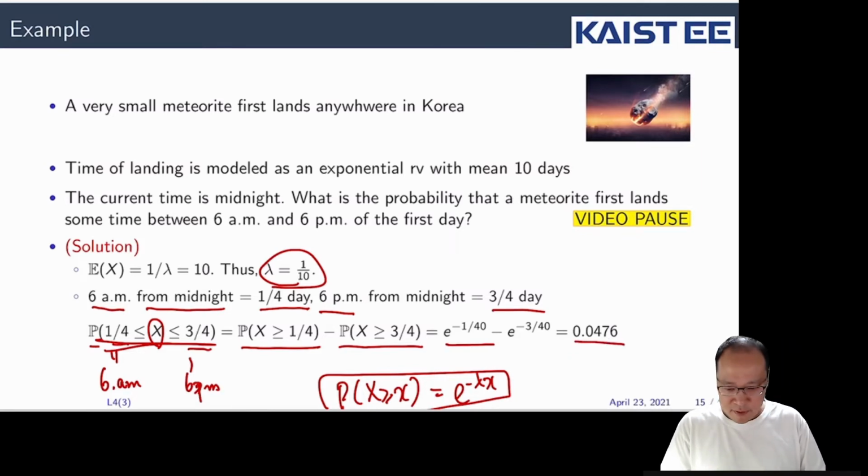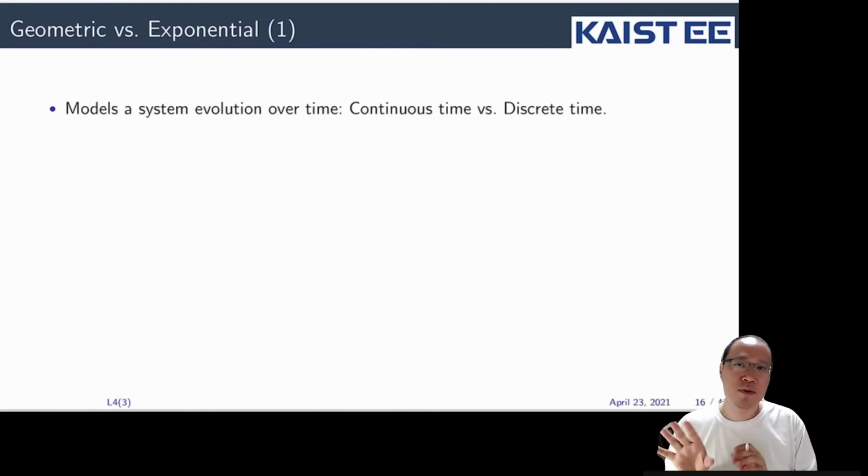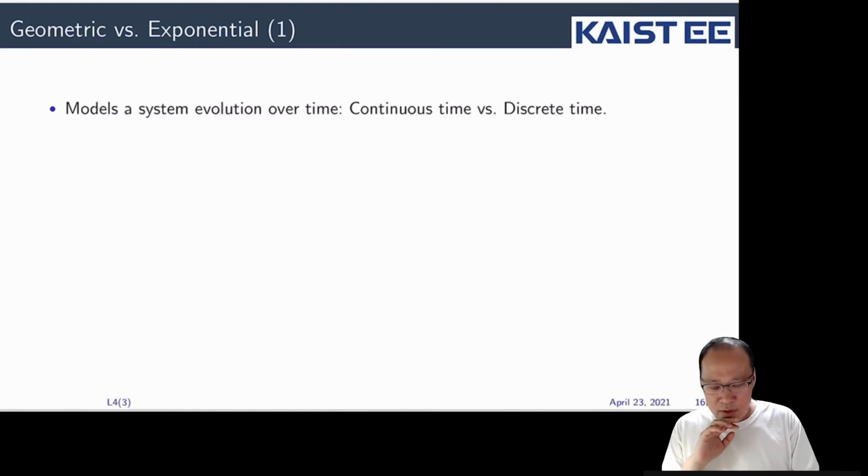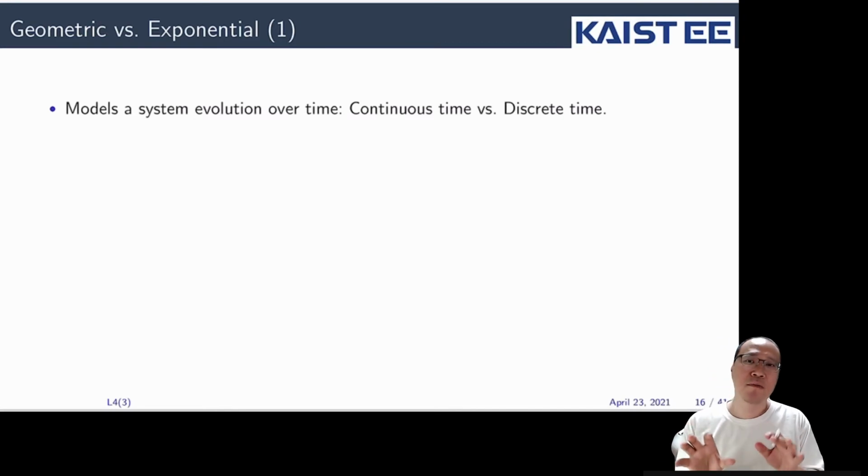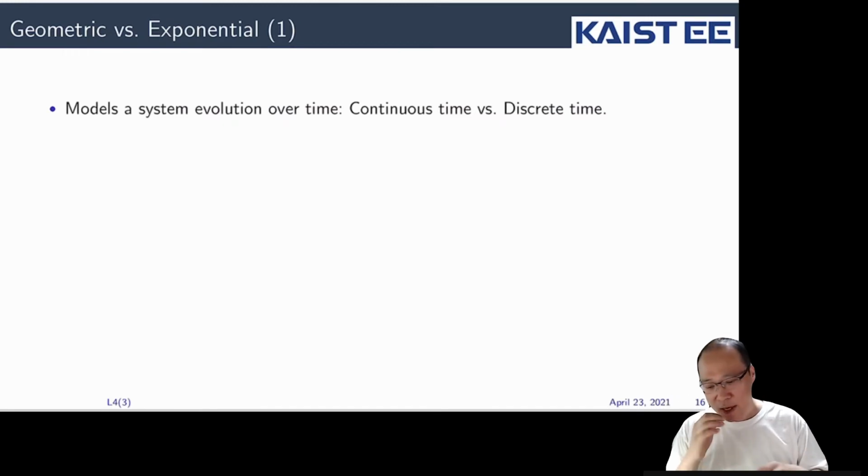Very nice. Going back to the relationship between the geometric and exponential random variables. In order to look at the relationship between those two random variables, let's first look at how we model a system evolution over time. Suppose that you want to model some system, like some machine or some computing behavior, anything.